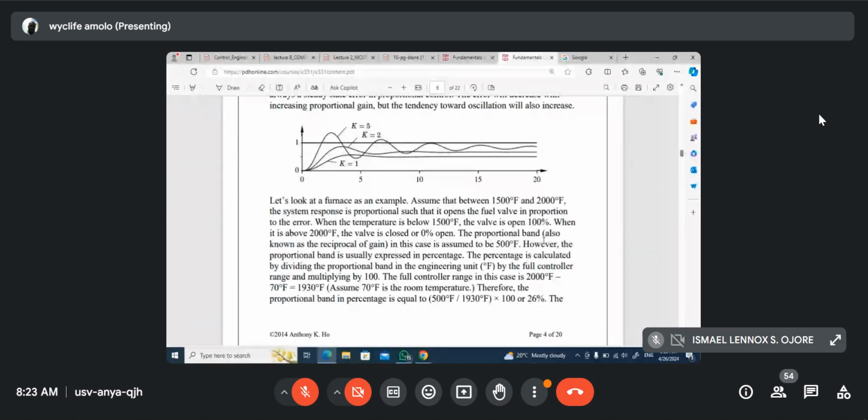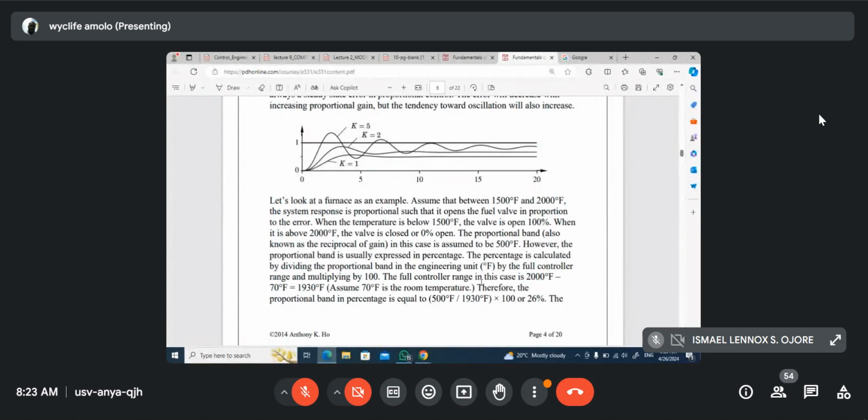The proportional band, also known as the reciprocal of gain, in this case is assumed to be 500 degrees Fahrenheit. However, the proportional band is usually expressed in percentage form. The percentage is calculated by dividing the proportional band in engineering units of degrees Fahrenheit by the full controller range and multiplying by 100.